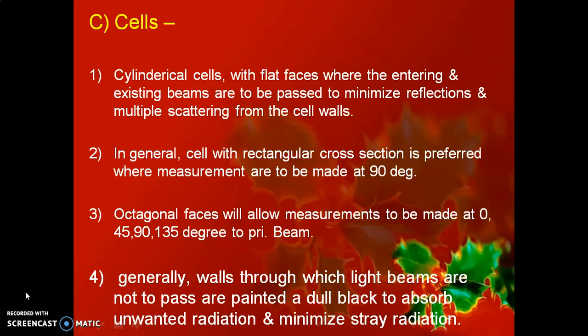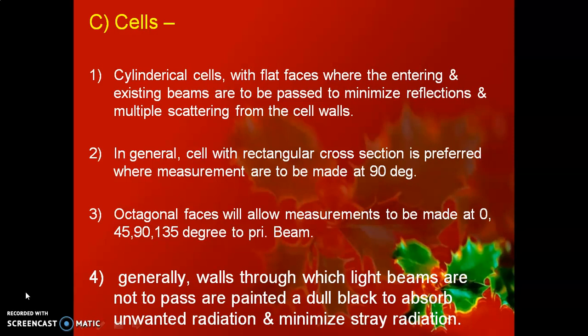Then next is the cell. Cylindrical cells with flat faces where the entering and exiting beams pass are used to minimize reflections and multiple scattering from the cell wall. In general, a cell with rectangular cross section is preferred where measurements are to be made at 90 degrees. Octagonal faces allow measurement at 0, 45, 90, 135 degrees to the primary beam.